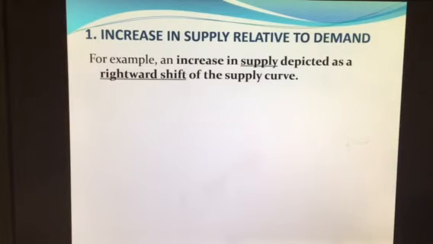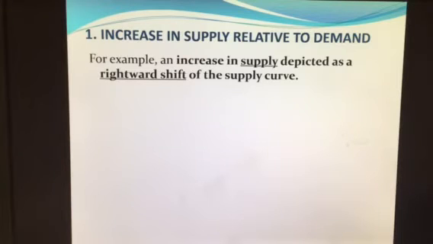Movement along a curve is just a statement of the relationship between price and quantity given a particular set of circumstances. Movement of a curve results from a new set of circumstances and produces a new statement of the relationship between price and quantity, that is, a new supply curve. Now we're going to look at each of these possibilities individually and look at the causes of them that would result in changes in supply and demand.